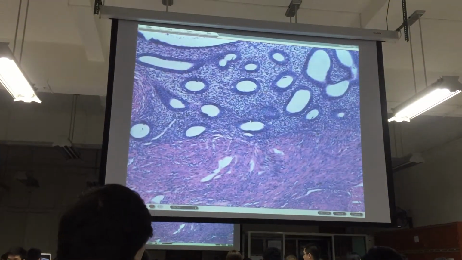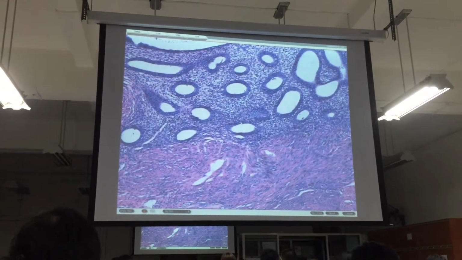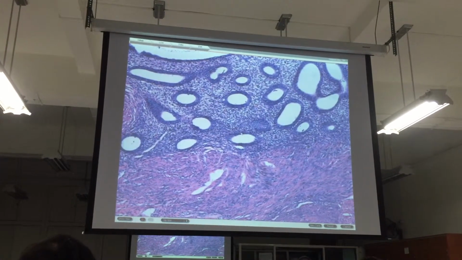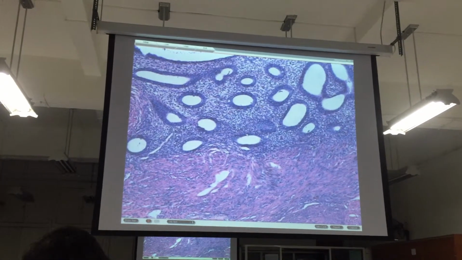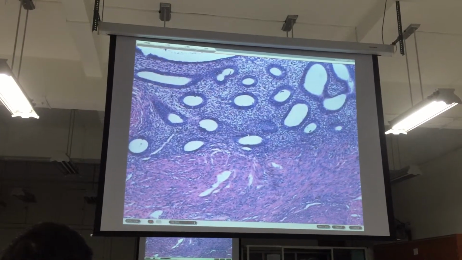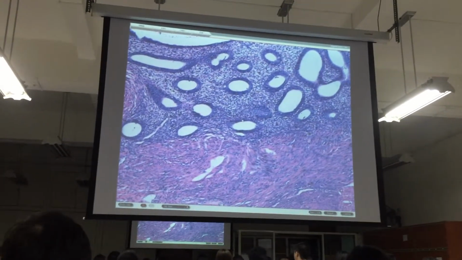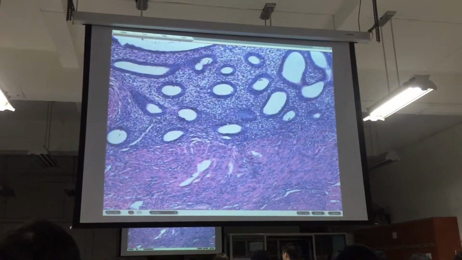When you see smooth muscle tissue or your myometrium, and you see endometrium inside or within your myometrial layer, what is now your diagnosis? Adenomyosis. Endometrial tissue within the myometrium.